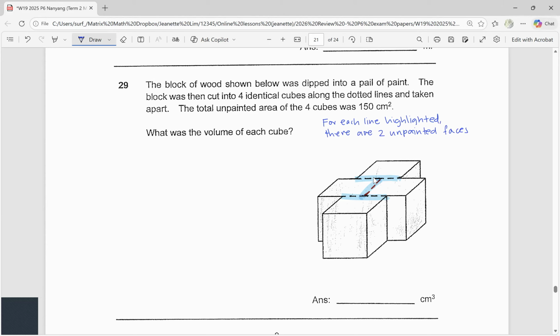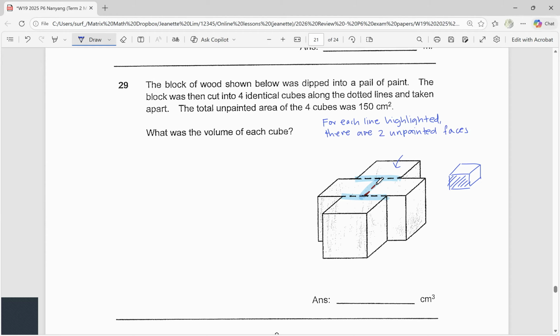What I'm trying to say is that this cube over here, this side is unpainted, and it is sticking on to something else. Then on the other side, it has the same area. So we can say it's equivalent to 2 unpainted faces. This line you have 2, this line you also have 2, and this line you also have 2 unpainted faces.